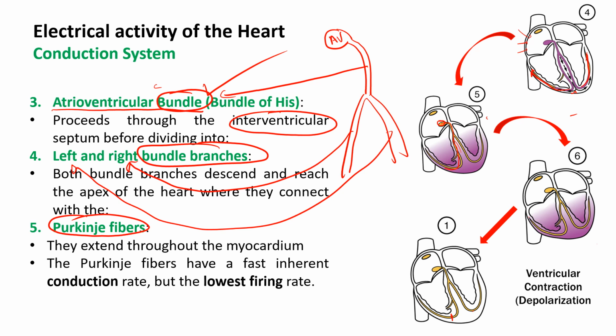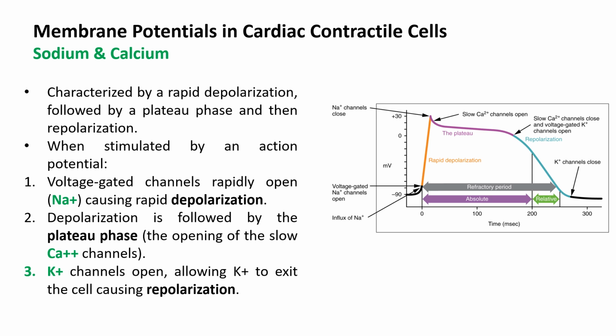Now, why is this important? Because when we learn the EKG, we're going to see in the EKG where the electricity is running in specific phases of the cardiac cycle. In terms of the membrane potentials and the action potentials and depolarization, repolarization, this is a concept that we learned in A&P 1.